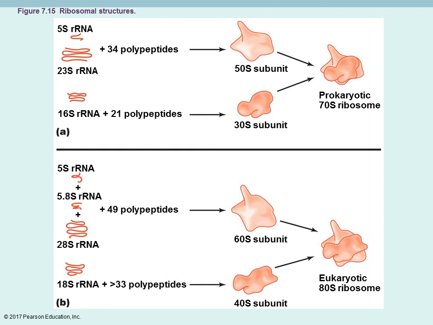Yes, I know it does not add up. It's the way they do these certain units. But it is a 70S. That is the prokaryotic ribosome. In B, you've got the 60S and 40S subunits that come together to form the 80S ribosome, which is found in eukaryotic cells. As you can see, it's slightly larger.